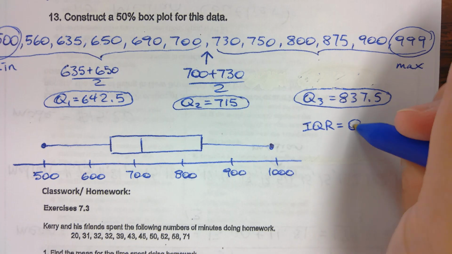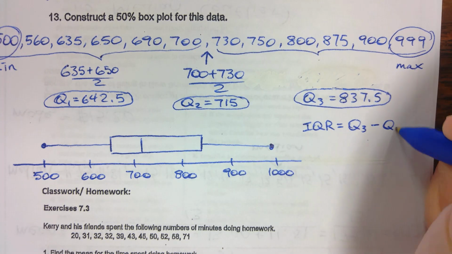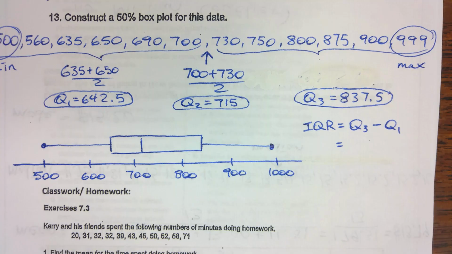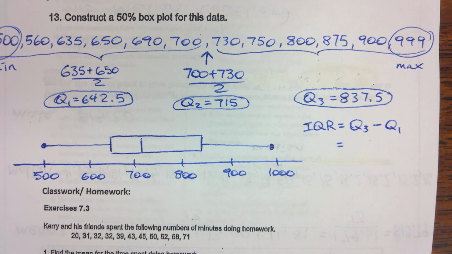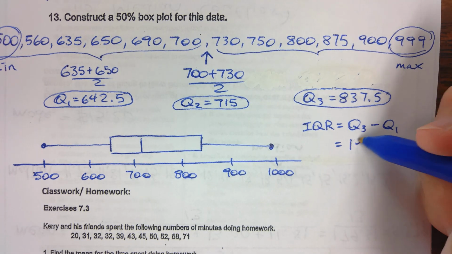Q3 minus Q1. So 837.5 take away 642.5 is 195.